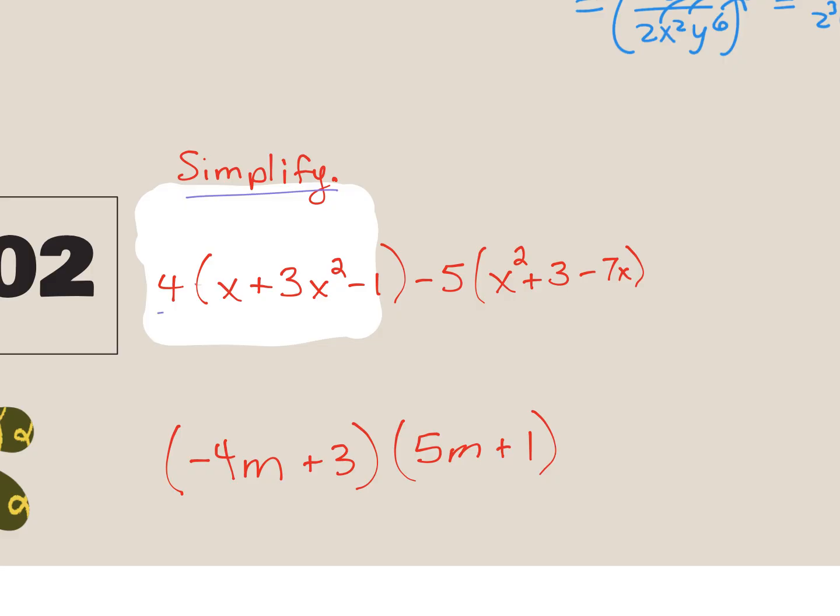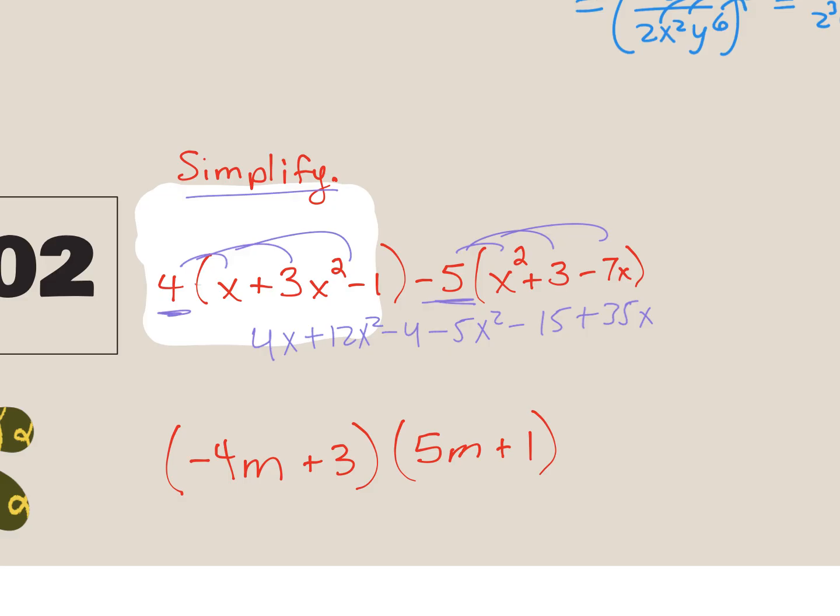All right, so anything that you see in front of a polynomial in parentheses, you distribute. So I'm going to distribute that 4 everywhere, and I'm going to make it a 4x plus 12x squared minus 4. I can take that -5 and also distribute it. It's going to be a -5x squared minus 15 plus 35x.